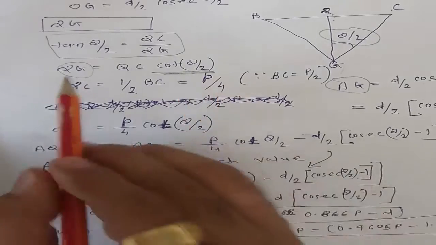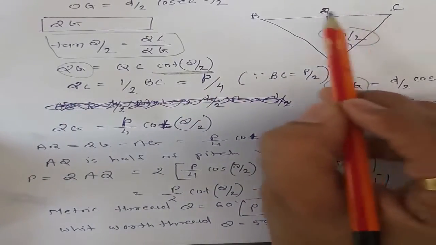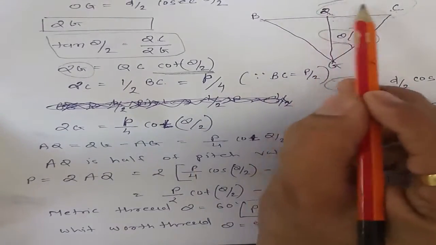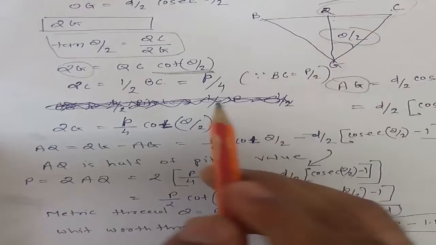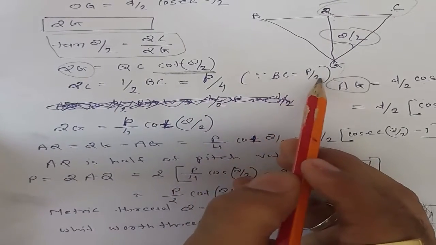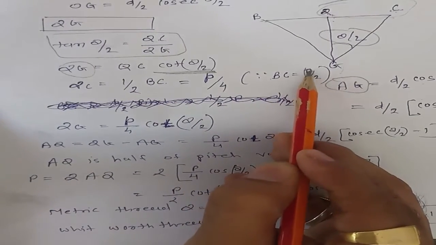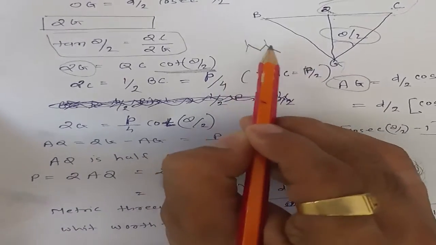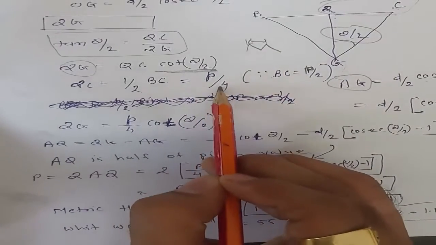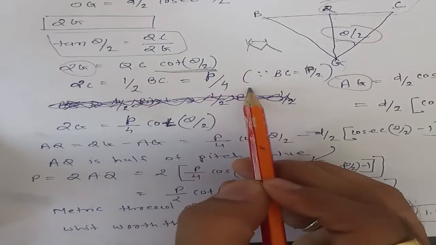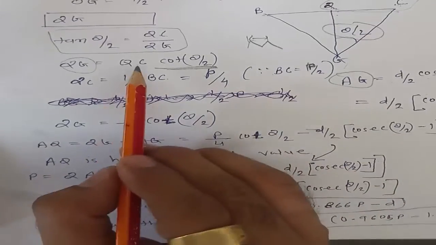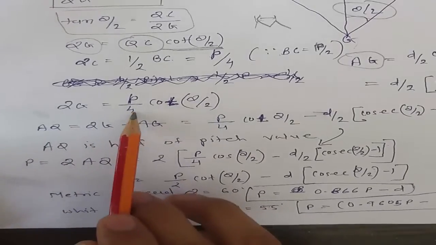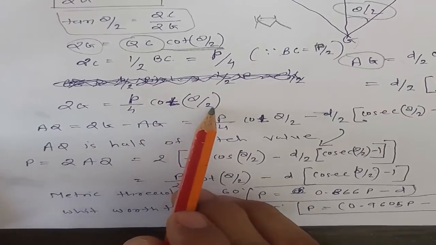Now QC is equal to 1 by 2 BC, and BC is equal to P by 2, where P is the pitch of the thread. So QC is equal to P by 4. So QG is equal to P by 4 cot theta by 2.